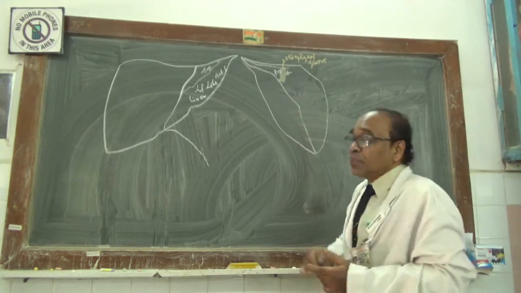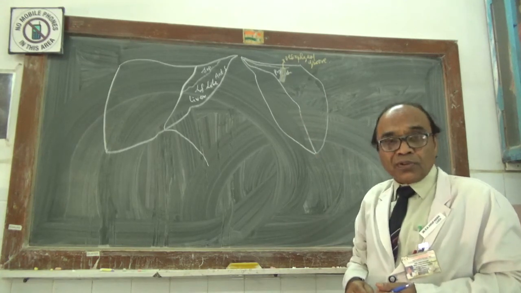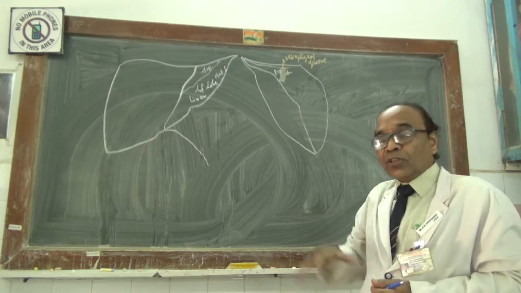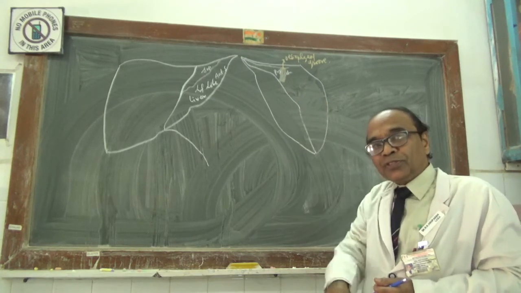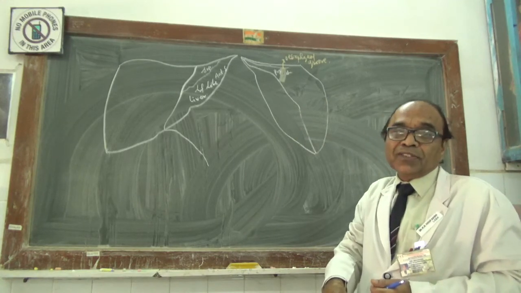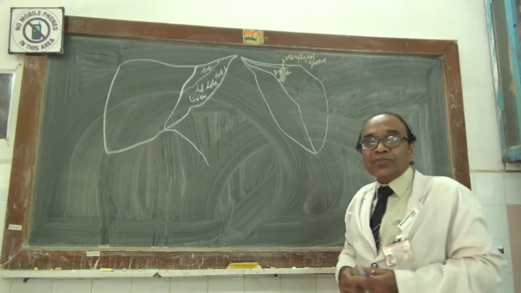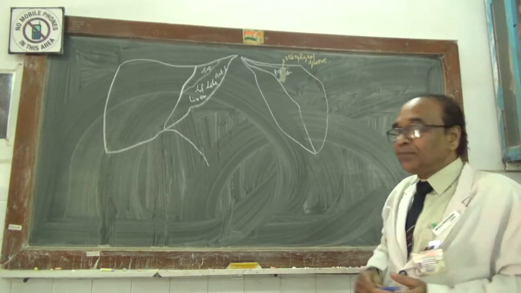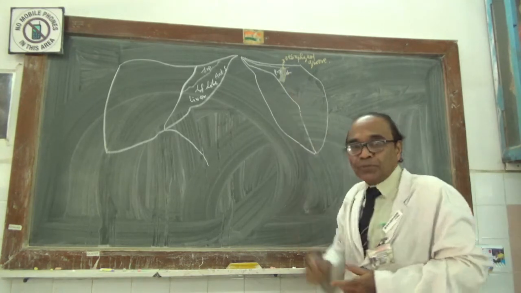Now this esophageal impression is a longitudinal groove or a furrow, or just funnel shaped or test tube shaped impression left by the anterior surface of the abdominal part of the esophagus. So this is the posterior surface.